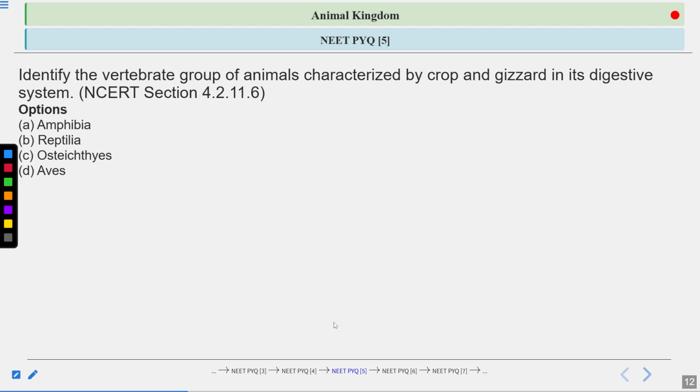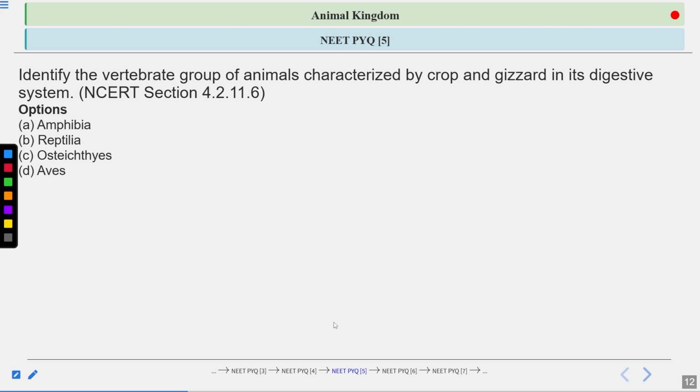So one of the animals that has crop and gizzard in its digestive system belongs to the vertebrate group, right? This question is coming from the NCERT section 4.2.11.6, right? And the options are as follows: A, amphibia.